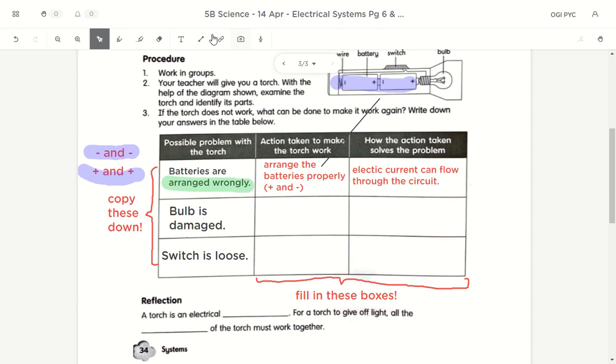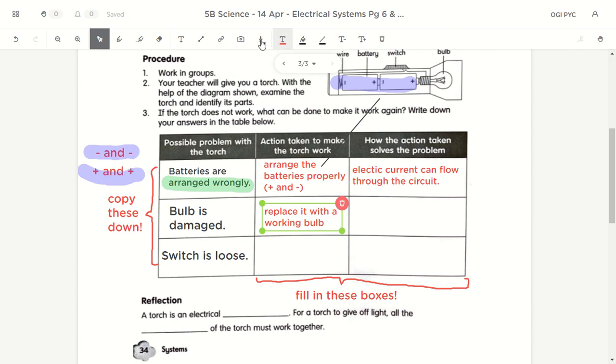Right? So the next two are quite simple. If the bulb is damaged, if you want the torch to work, you have to replace it with a working bulb. Because if the bulb is damaged, you can't make it light up no matter how you change the circuit. The only way to do it is to replace it with a working bulb.